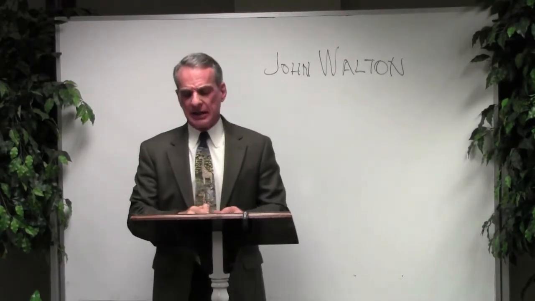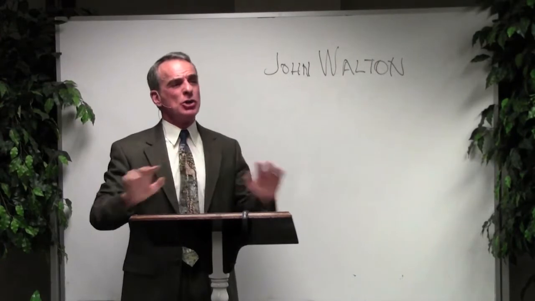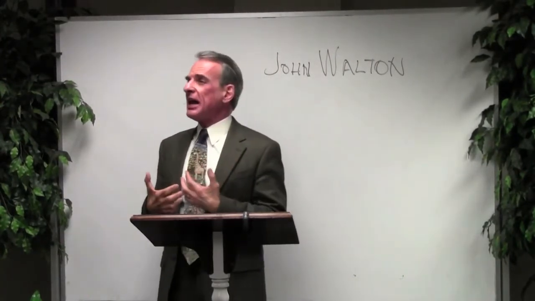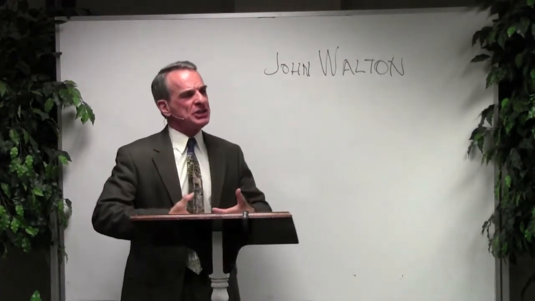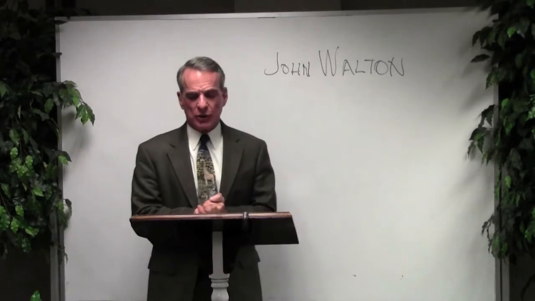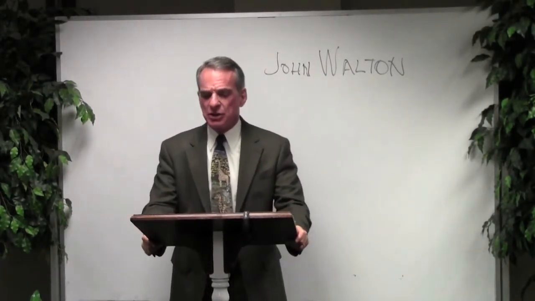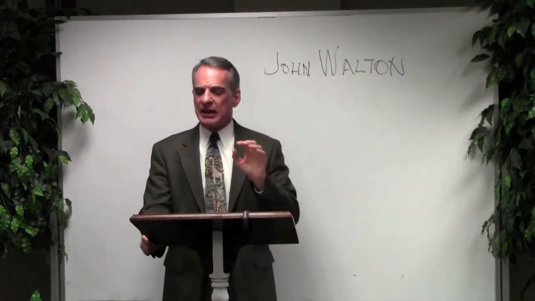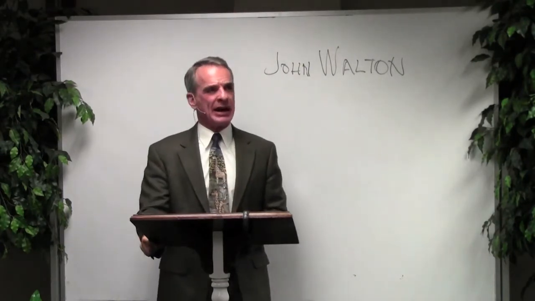And Walton claims that creation in the ancient Near East has been universally misunderstood. We today understand creation, he says, to be about how material things came into existence, when in fact, in the ancient world, creation was really about specifying the functions that material things would carry out.